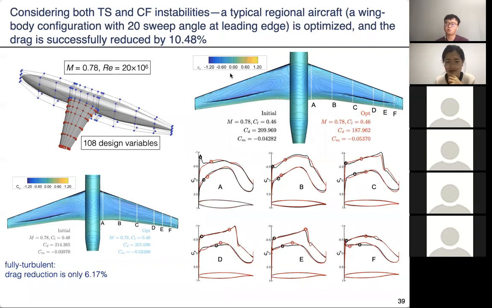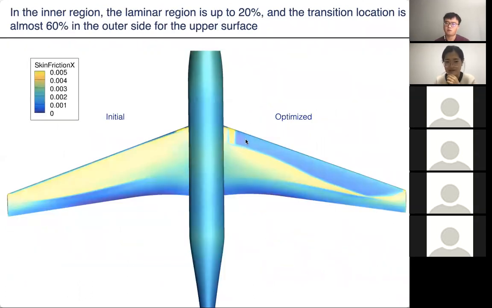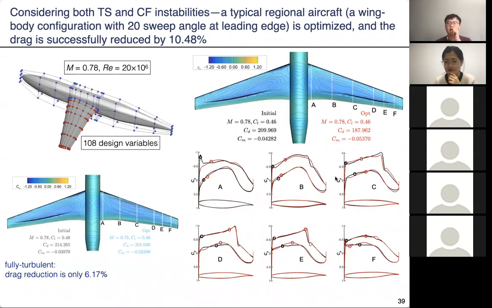For these cases, the Reynolds number is high, and the sweep angle is 20 degrees. So I think the natural laminar flow can only get a laminar region such as this, and I cannot get much better. I see. I didn't know that the optimum was a balance between the shock wave and the transition. It's very interesting.